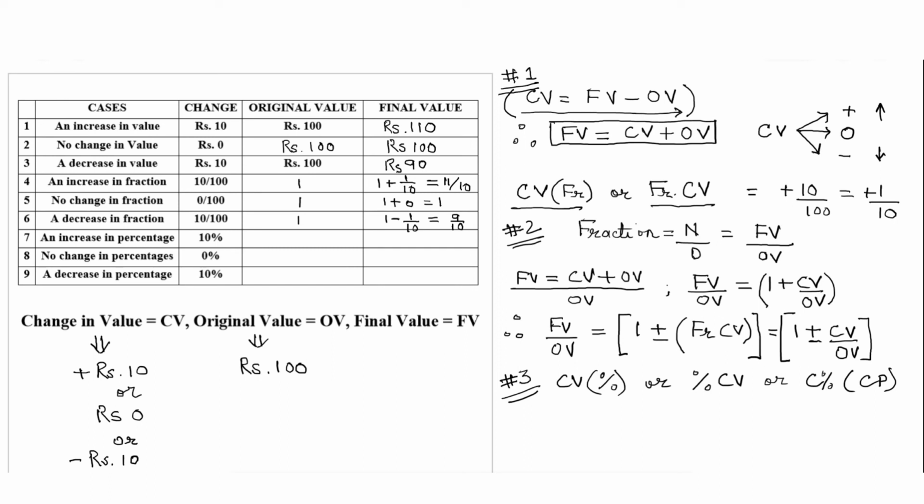So now in this case, what I can do here is I can take the original value as 100% in all the 3 cases. Now 100% means what? It is your base percentage. Base percentage means what? No increase, no decrease. No profit, no loss. No increment, no decrement.